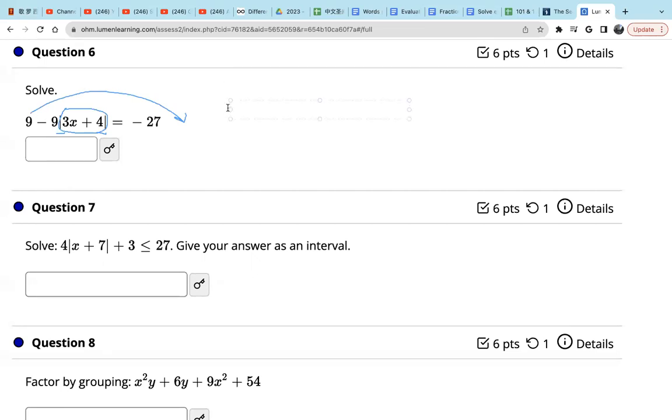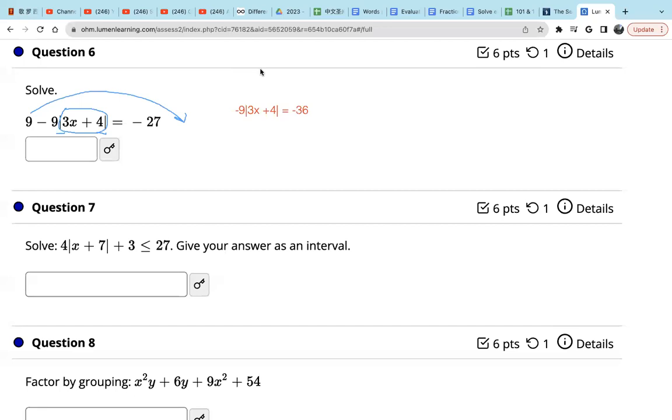If we do that, we get -9 times the absolute value of 3x plus 4 equals -27 plus -9, which becomes -36. I move 9 from the left-hand side to the right-hand side. Positive on the left becomes negative on the right.